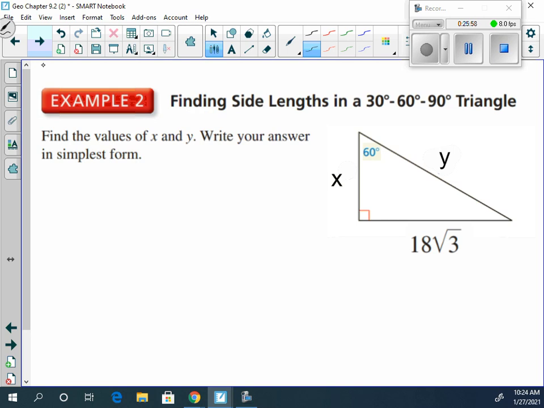To get the side opposite 90, the hypotenuse, we multiplied it by 2. To get the side opposite 60 degrees, we multiplied it by the square root of 3, yes? Now, when we were given the hypotenuse, we figured out that to get back to the shortest side length, we divided it by 2, yes? And once we got the shortest side length, we multiplied it by the square root of 3 to get the side opposite 60. Well, now that I've given the side opposite 60 degrees, what are we going to do?